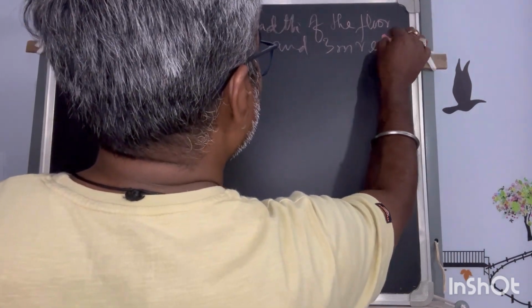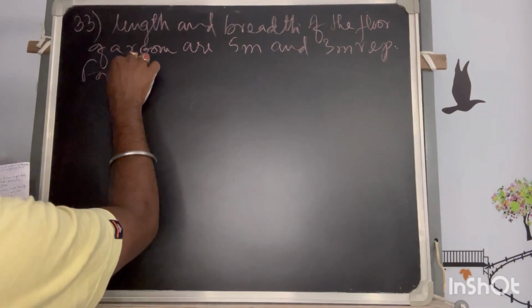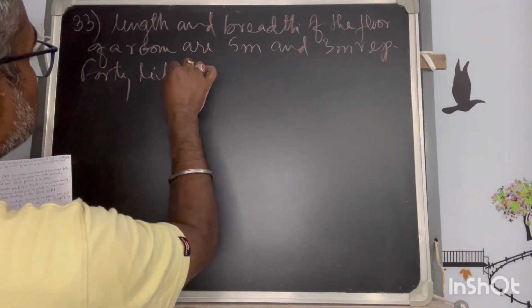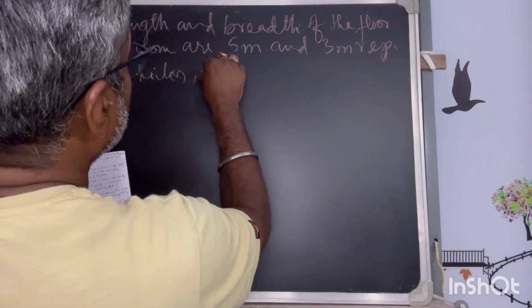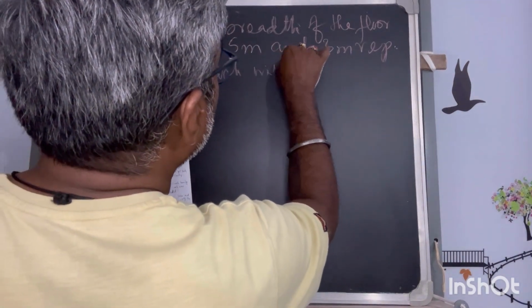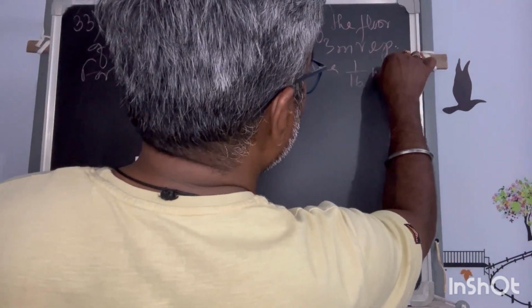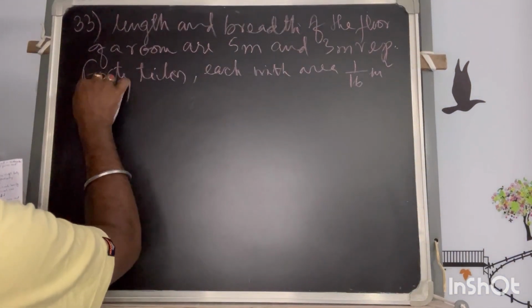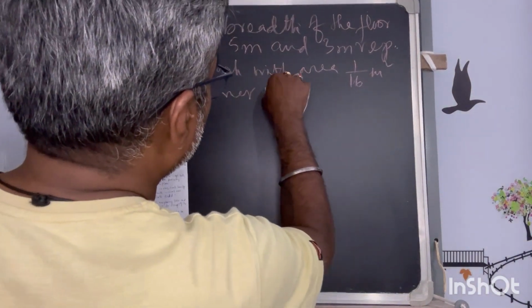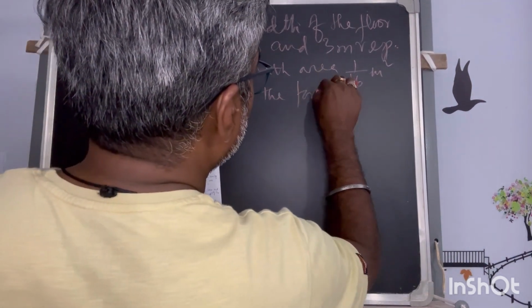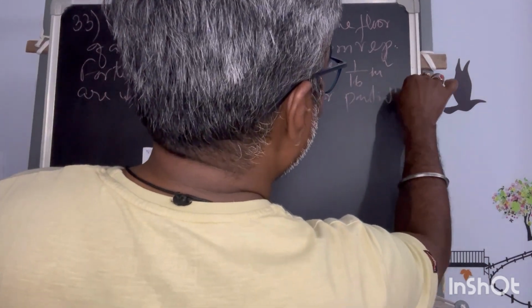Okay, fine. 40 tiles, each with area 1/16 meter square, are used to cover the floor partially. Okay.